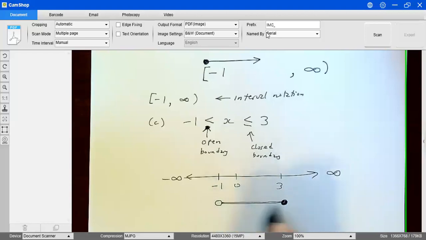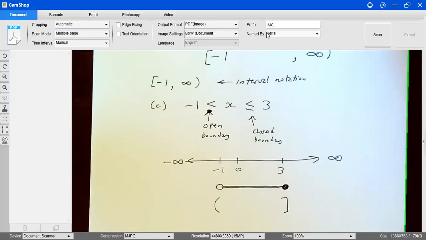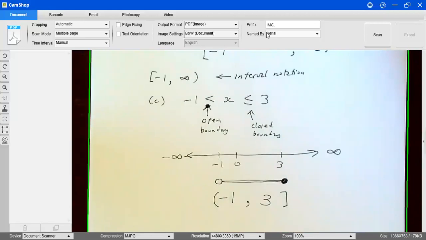So this is the solution region that goes from an open and ends into a closed boundary, and then you just write -1, comma, 3. So this is the interval notation. So that's example 1.